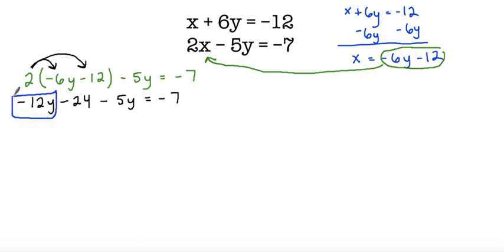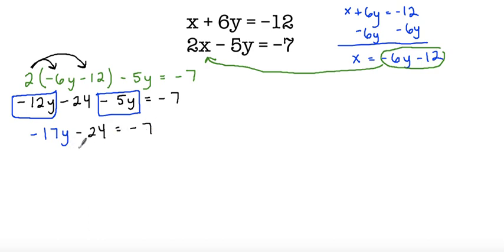So here we're going to, first things first, combine like terms. So we have negative 12y and negative 5y, and if we combine those two, we end up with negative 17y. Minus 24 is equal to negative 7.